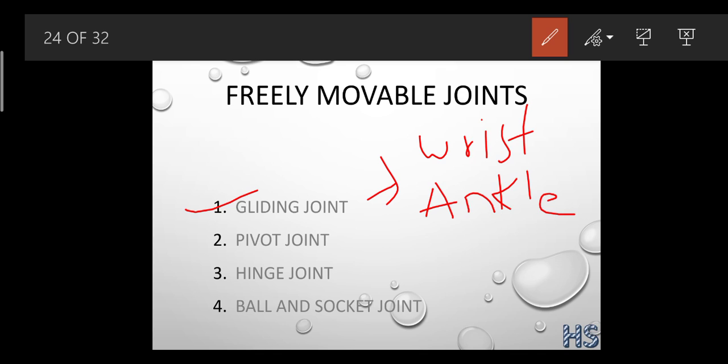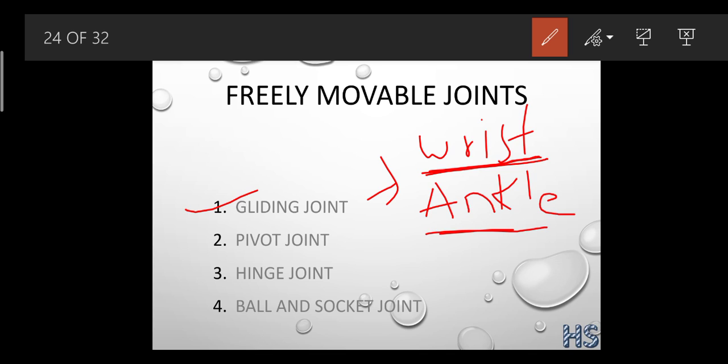Whenever we have to pick up something, or if I am sitting on a bike and have to accelerate, I am going to take the help of the wrist. So they are considered gliding joints.